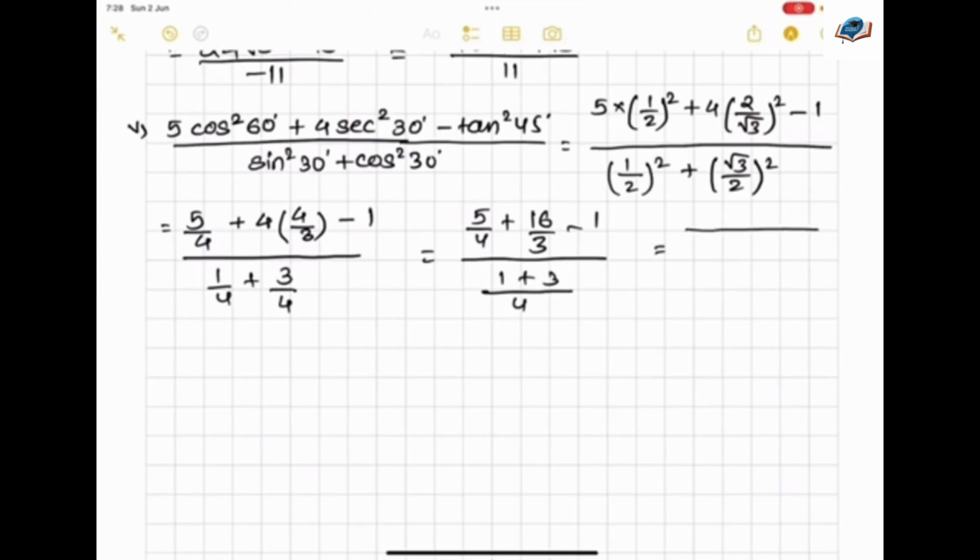So now LCM is 12 in the numerator. So 15 plus 64 minus 12 whole upon 1. So that will be 67 upon 12.